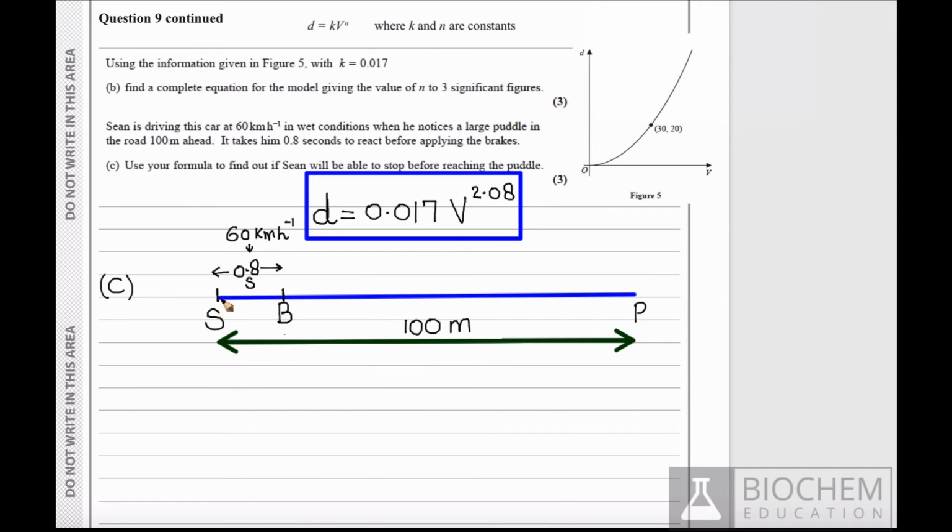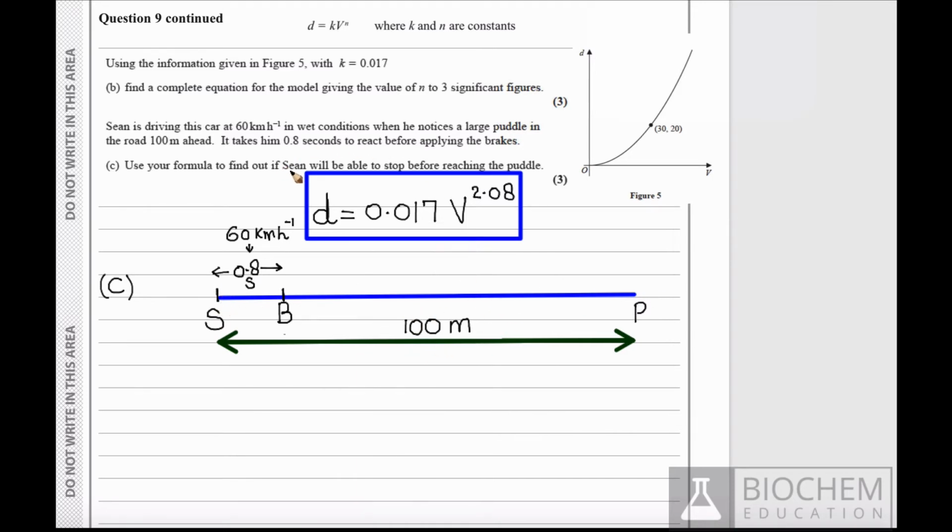And he does not apply the brakes immediately. Rather, it took him 0.8 seconds before he applied the brakes. And during this time, his car was traveling at 60 kilometers per hour. And the moment he applies the brakes at point B on my line, we need to determine whether he was able to stop the car before reaching the puddle. And the total distance from the point he sees the hazard to the puddle was 100 meters.